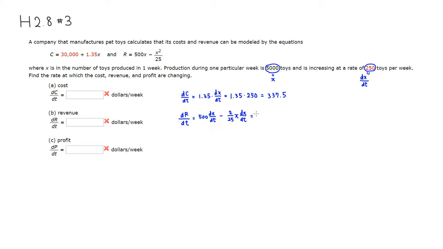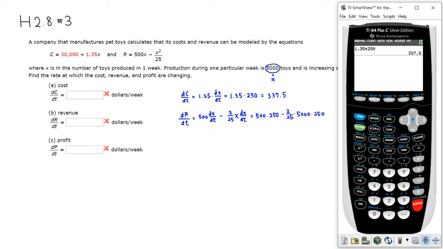So it's going to be 500 times 250 minus 2 over 25 times x, which is 5,000, and then times 250. We can pull out 250 too, but let's compute that.